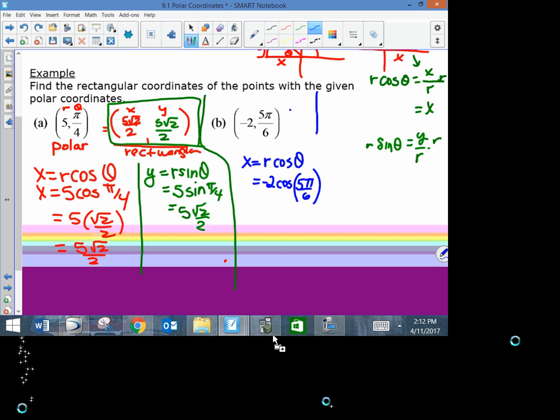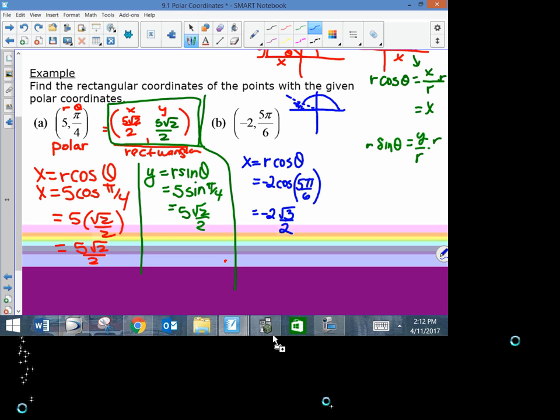Okay, 5 pi over 6 is right here, correct? What's the cosine on that little pi over 6 guy? Start up and go up. So isn't that the top one? No, that's the bottom one. Okay, sorry. So square root of 3 over 2.